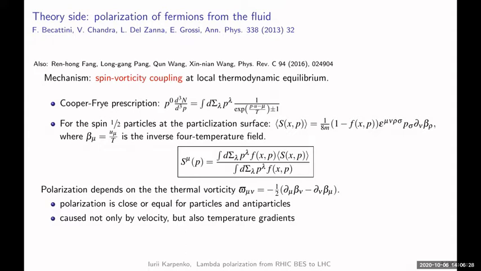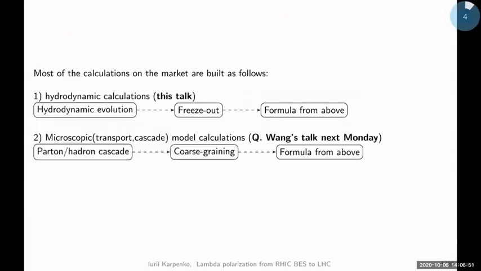The other consequence is that this polarization effect, different from the non-relativistic case, is caused not only by velocity but also by temperature gradients, because it depends again on the beta field, which involves temperature. So with that, I go on to the next slide.